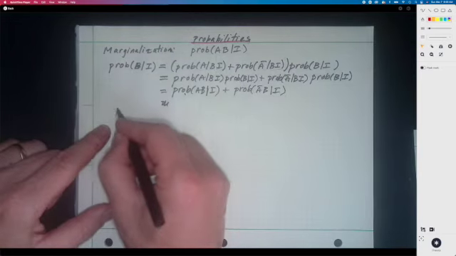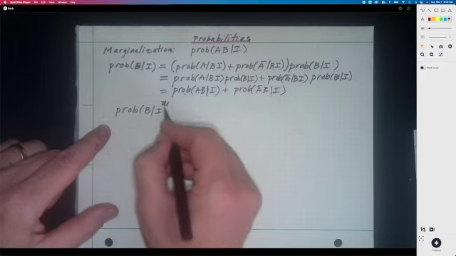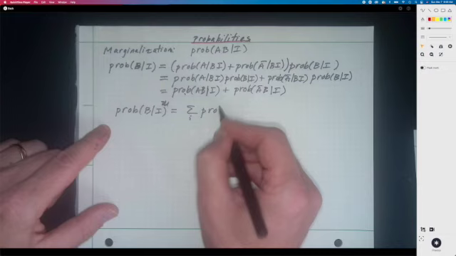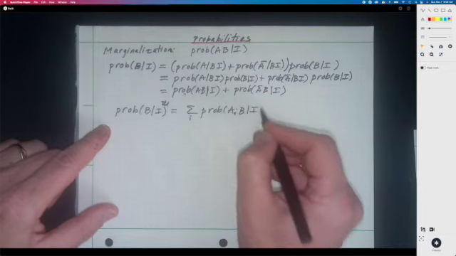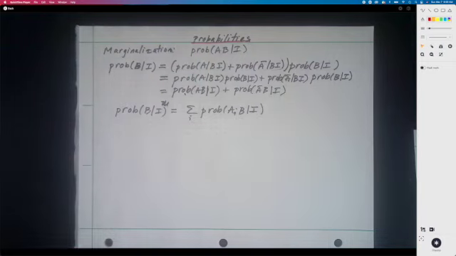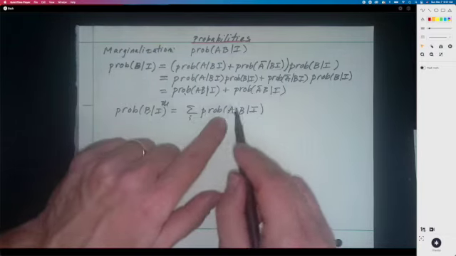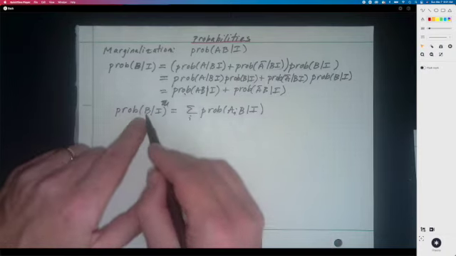So in general, the probability of B alone is equal to the sum of the probability of A sub i and B. Again, we've taken the joint probability for A and B and summed over all the possible cases for A, and we've ended up with the probability for B alone.